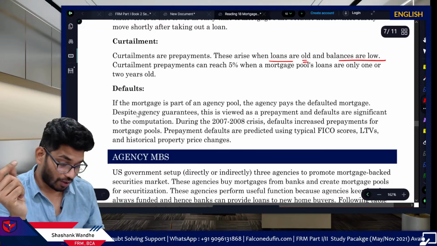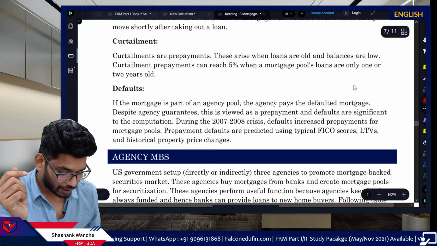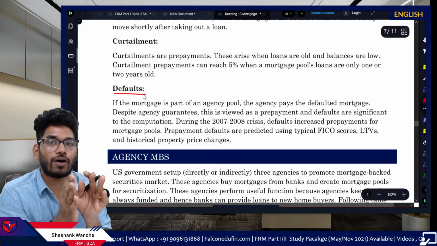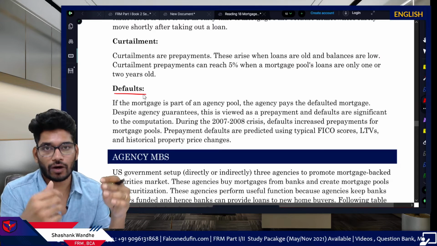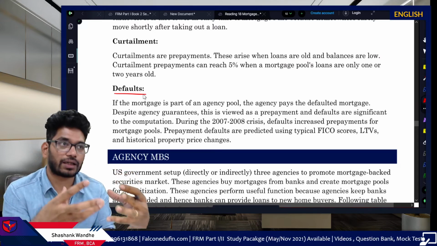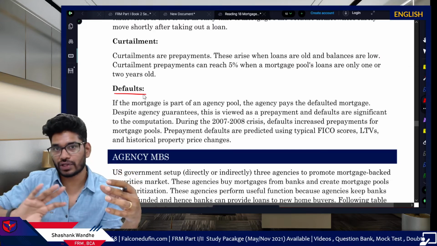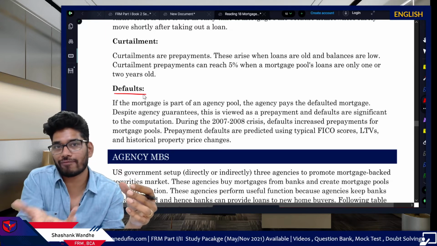Now how is default a prepayment? Default and prepayment are the same for the investor. When there is a default, this house will be sold, because it is a mortgage and you have collateral.